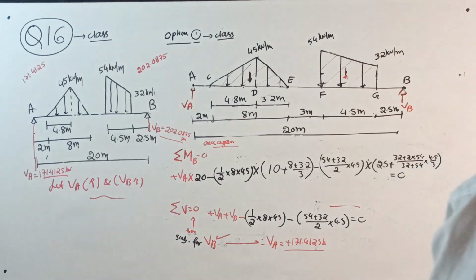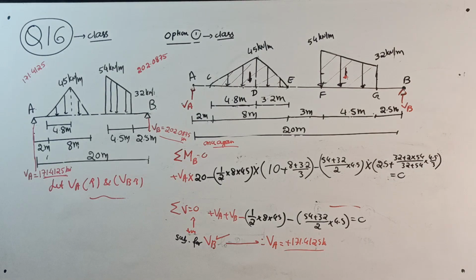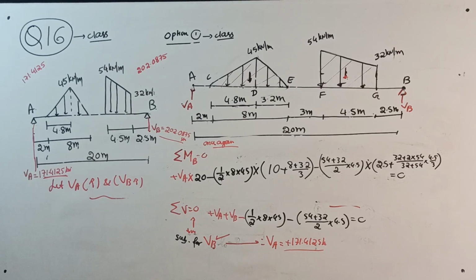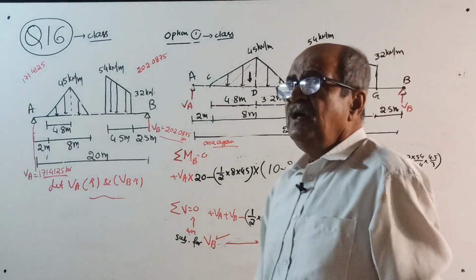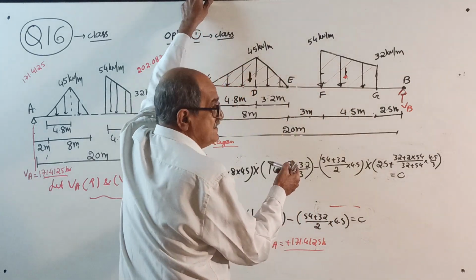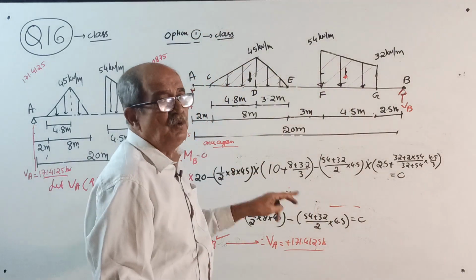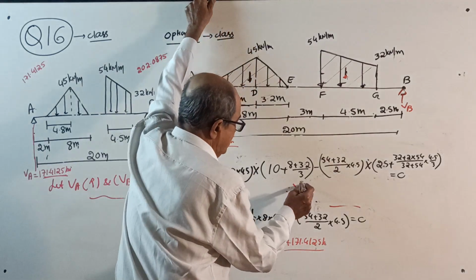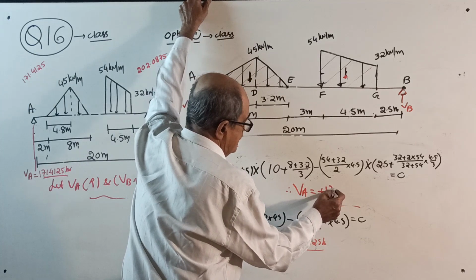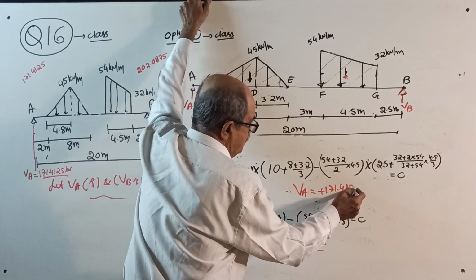Let me check the camera once, because important steps should not go out of the board. Okay, no problem. Equal to 0. What will happen? Instead of VB, you will get VA first now. If you are doing this way, don't do the last way. You will get VA first, 171.4125 kilonewton.